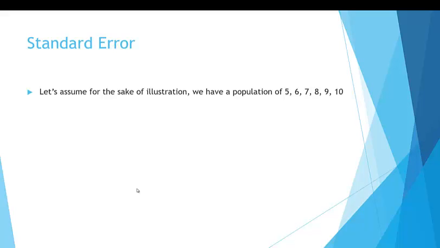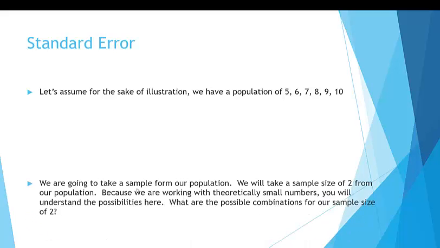Okay, so let's assume for the sake of illustration here we have a population of 6. We have 6 scores here. We'll call them scores. And there are 5, 6, 7, 8, 9, and 10. Okay, so we have a population of 6, and you see the value of each.